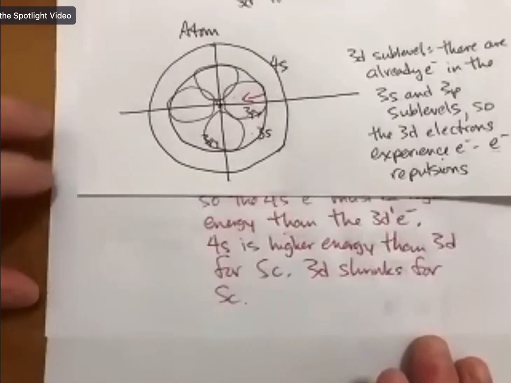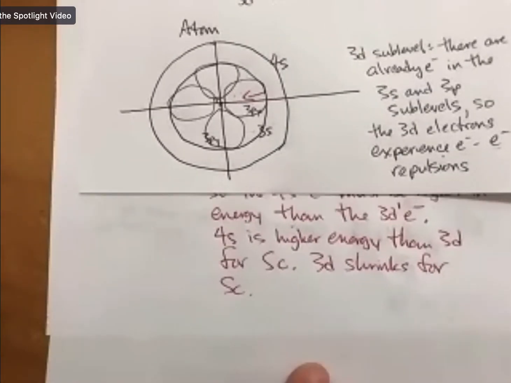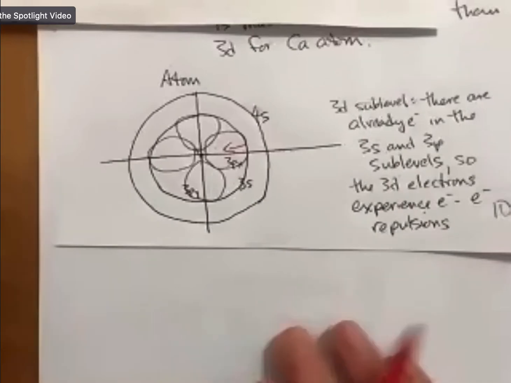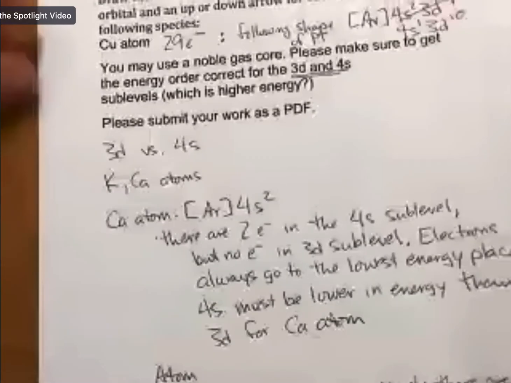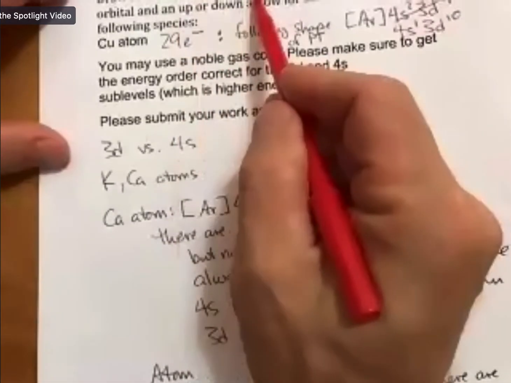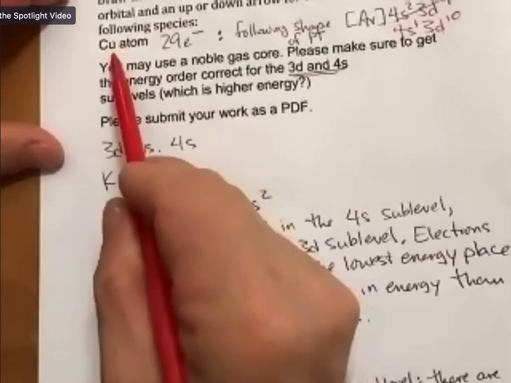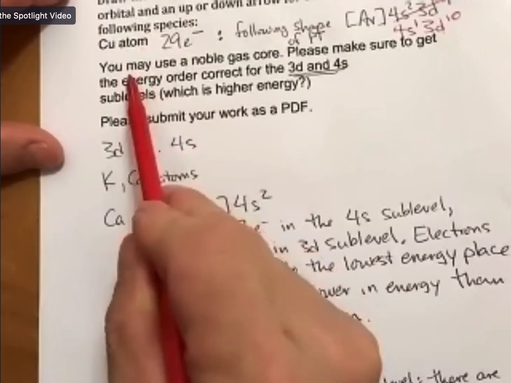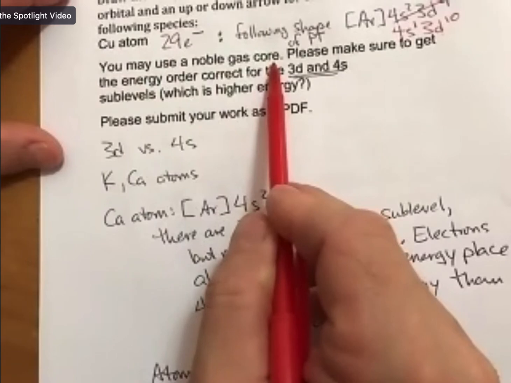Anyway, now I can actually get back to the problem. The problem said, if you'll remember, I know it was a long time ago, draw an orbital energy diagram for a copper atom using a noble gas core. Here's what that looks like.